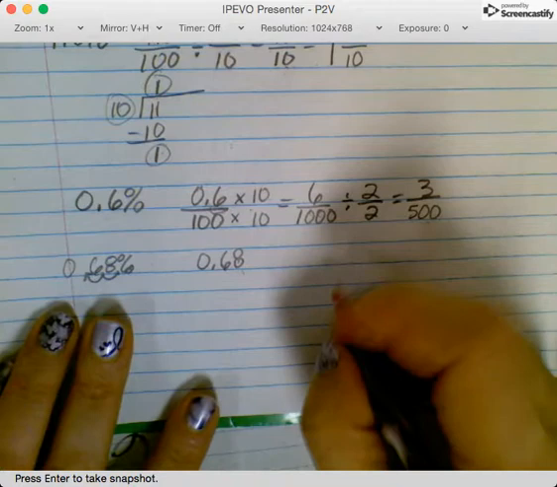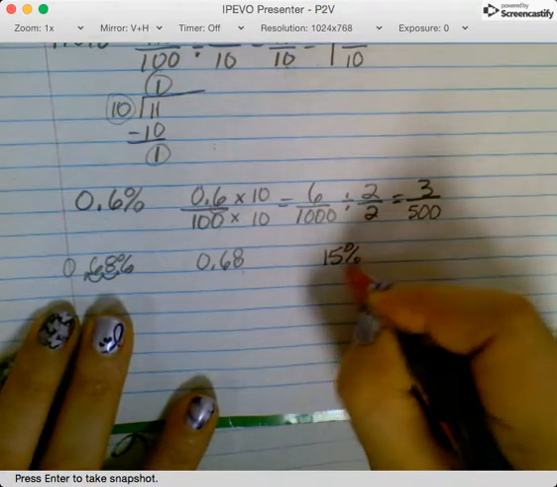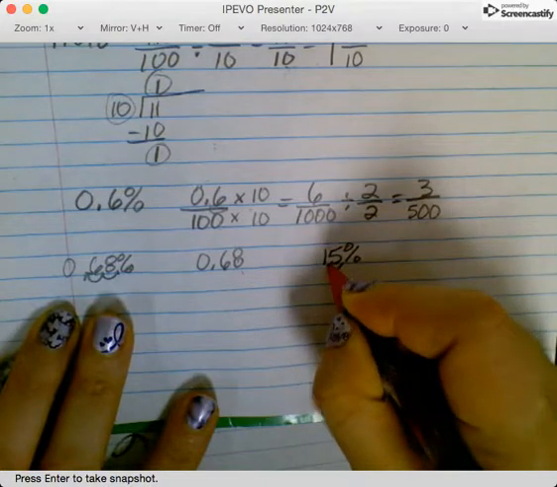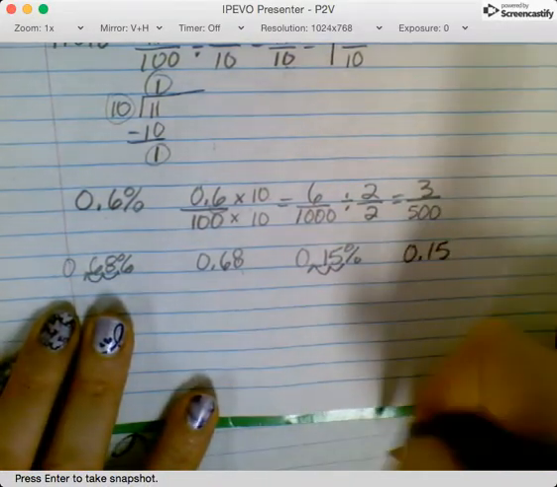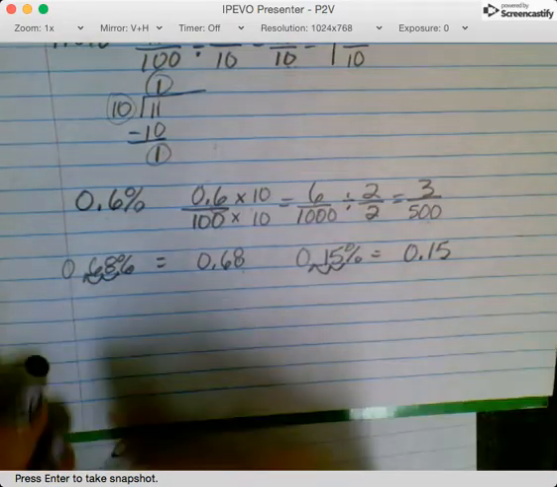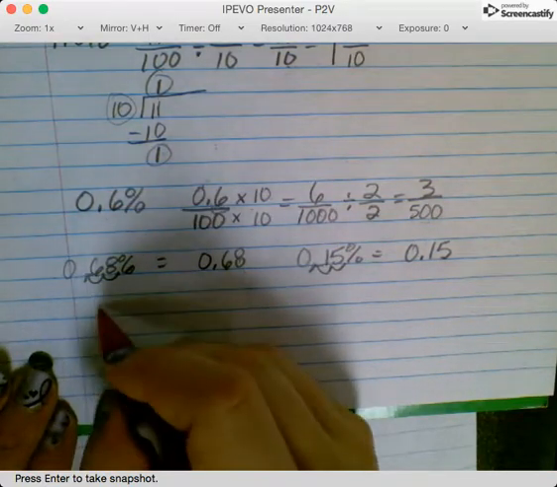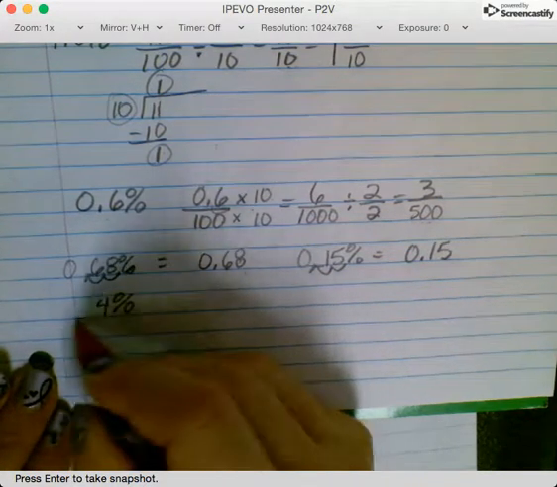Let's do another one. If I have 15%, again, I have this imaginary decimal. I move twice, which is 15 hundredths. Put my equal sign in here. And let's do 4%. So this one is a 1-digit number.